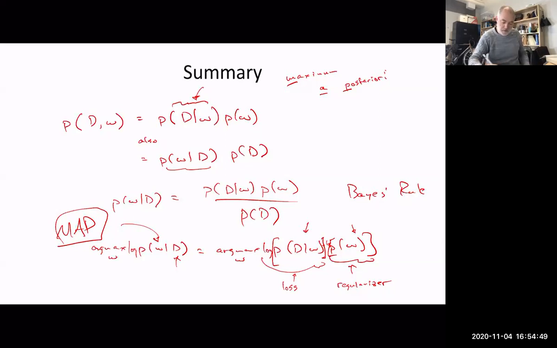So basically this connection is what connects the machine learning that we've been talking about with probabilistic machine learning. And this problem of estimating the evidence is what makes Bayesian machine learning, which is basically what I work on, very hard.